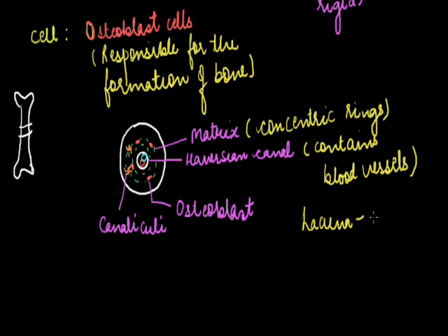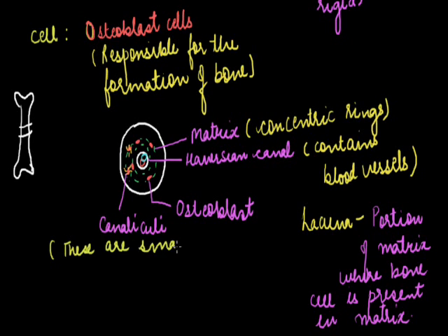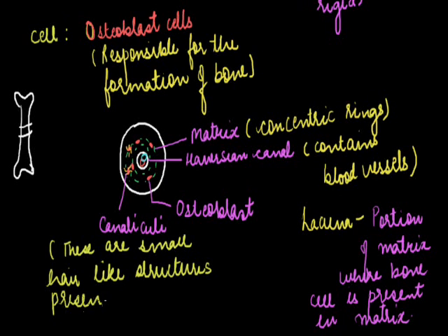It is the portion of the matrix where the bone cell is present. Coming on to the canaliculi, these are small hair-like structures present on the bone cell. They help the bone cells to communicate with the Haversian canal.